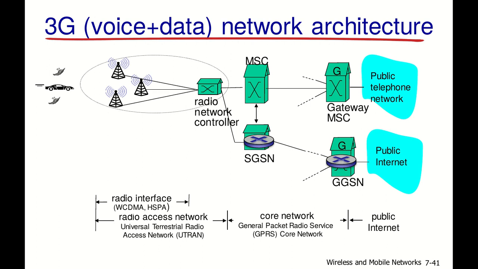And then the radio access network, this is from the base station up to the RNC, also called UTRAN. And then from the RNC to the gateway MSC or GGSN, it is called the core network. So basically, it's not related with the wireless link anymore. It's totally wired networks. And beyond this, it is called the public internet.